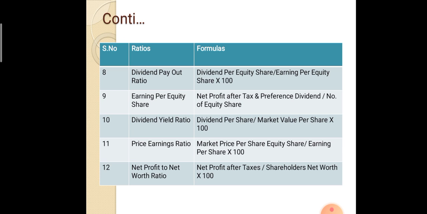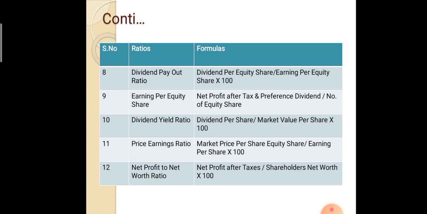Dividend yield ratio expresses the relationship between dividend earned per share and the market price per share. So it expresses the return on investment by purchasing a share in the stock market without accounting for any capital appreciation. So dividend per share divided by market value per share or market price of share into 100.